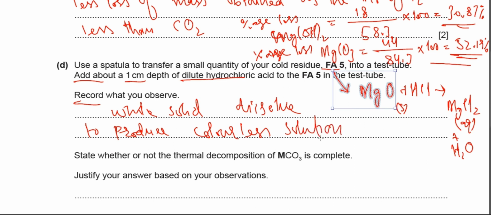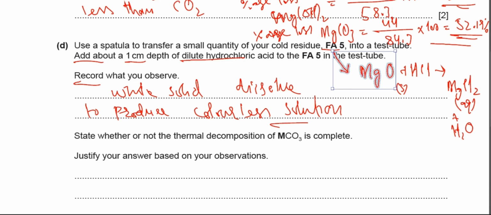In some cases, if complete decomposition has not taken place, then you may expect some release of carbon dioxide, so you can see effervescence or bubbles of the gas, but it may vary. If your heating is not complete, you may expect that, and in that case you may not get the correct idea of the metal in the previous calculations.